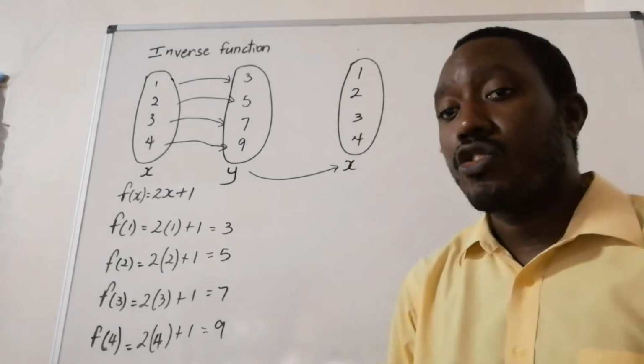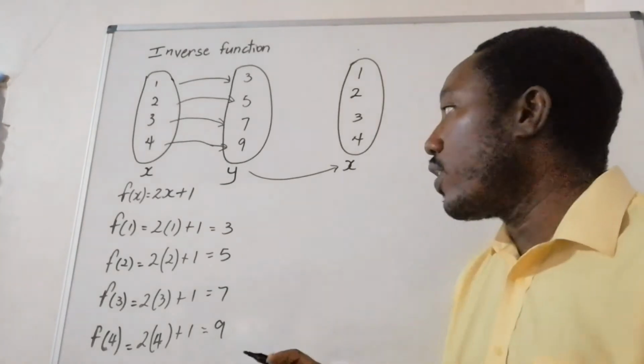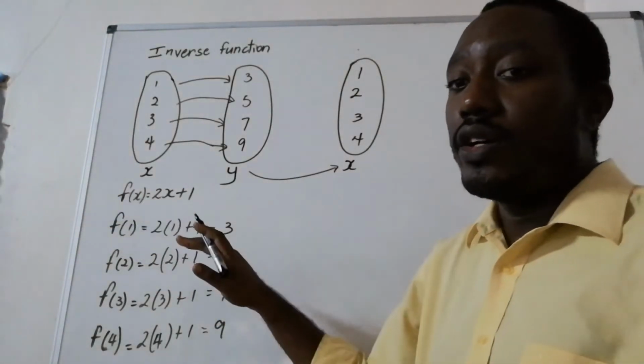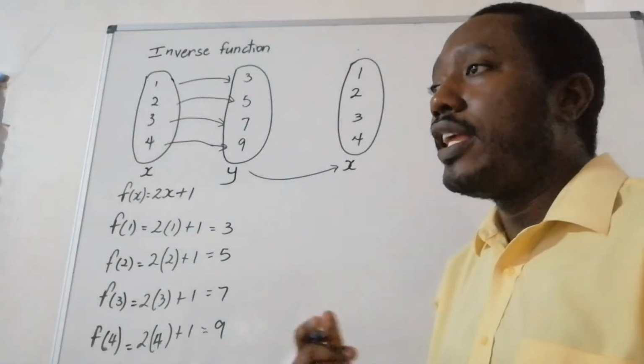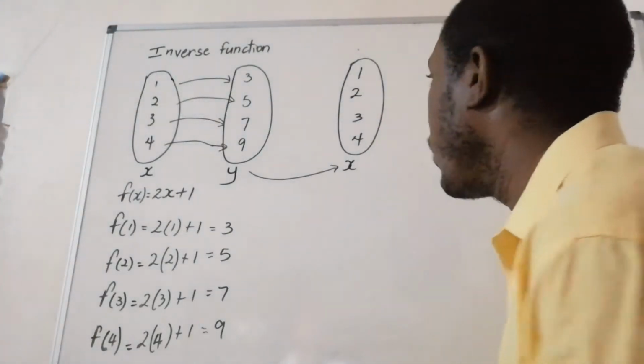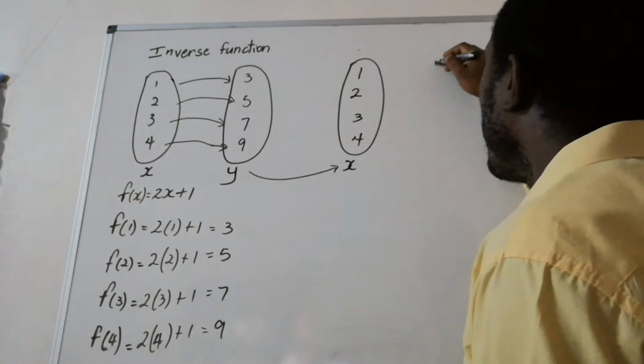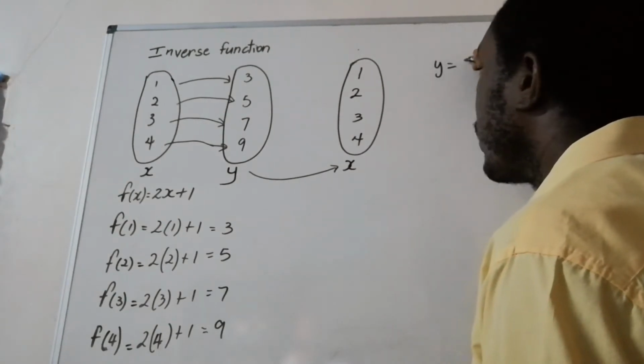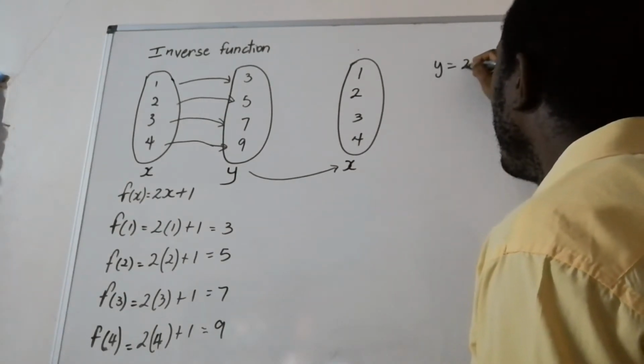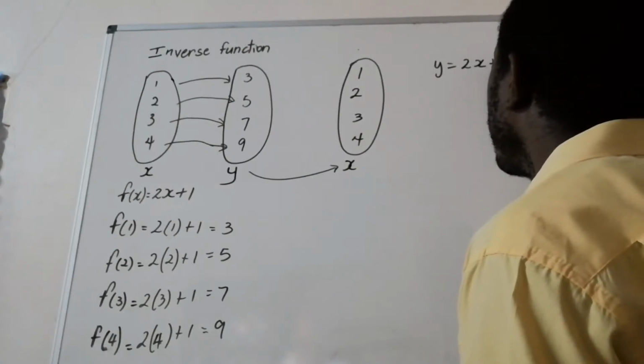It takes 3 steps. The first thing we do, we write our function equal to y. So we start by writing y is equal to 2x plus 1.